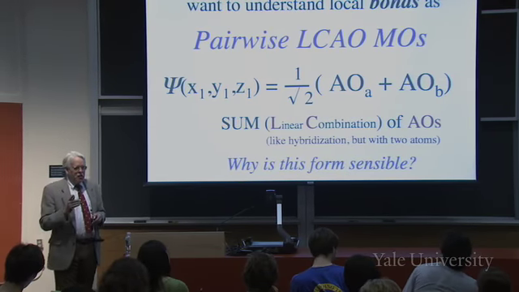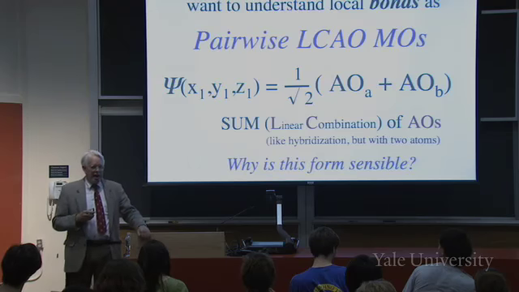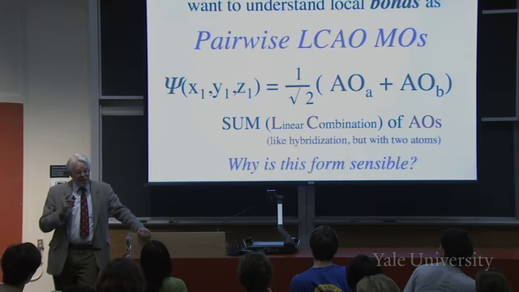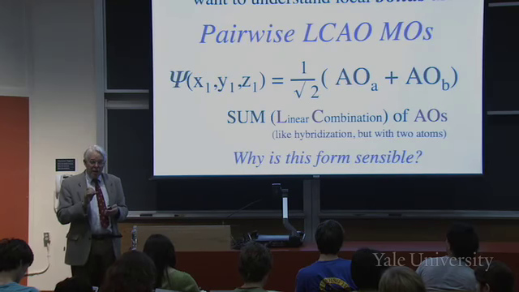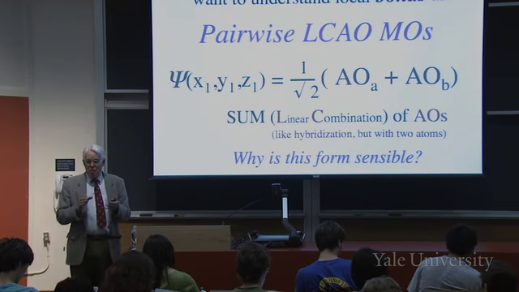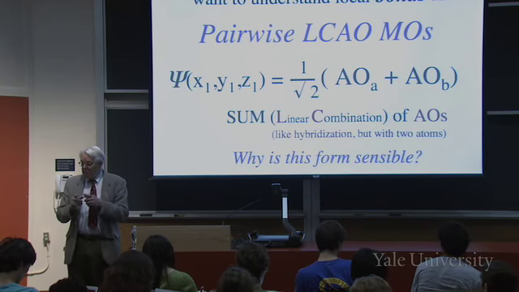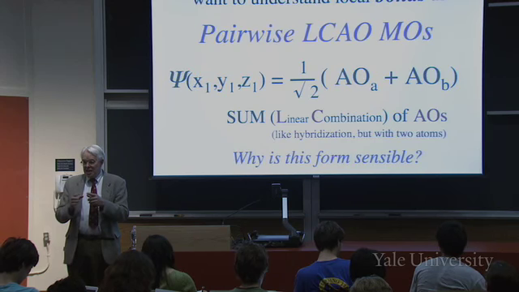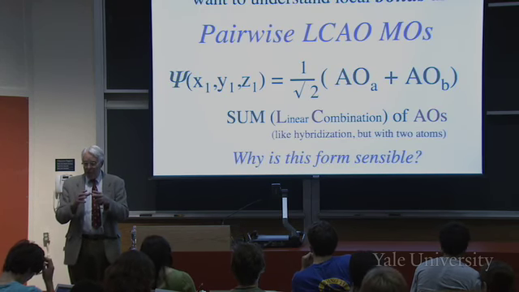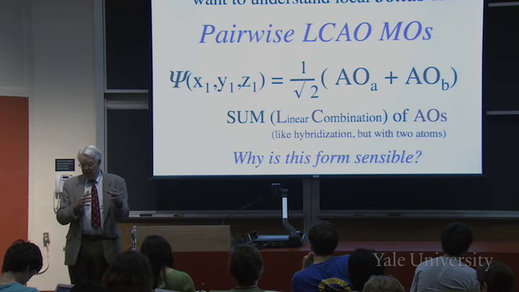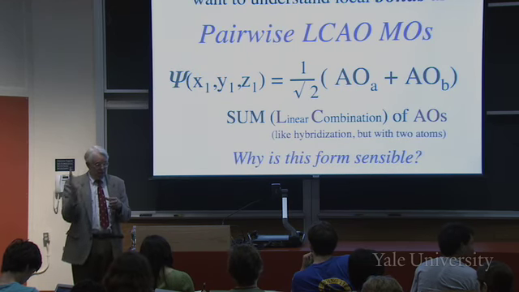Now, have you ever seen adding orbitals like that before? That's what hybridization is. We added s and p. But this is different, because when we added s and p before, they were on the same nucleus. And we did it to get a new orbital for that particular nucleus, for that atom, right? To distort it one way or the other, for example, or to rotate a p orbital, right?